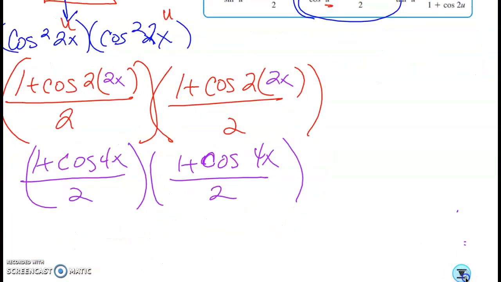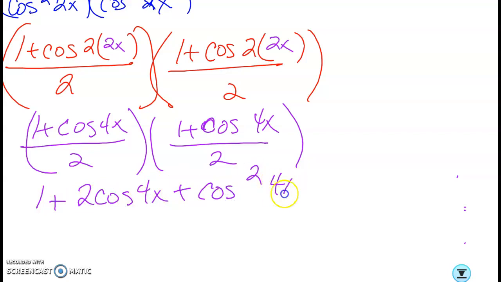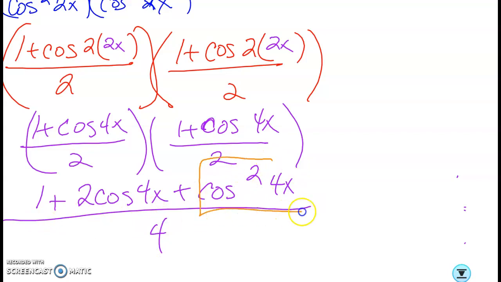Okay, we're multiplying fractions. So if we multiply, we get 1 plus 2 cosine of 4x plus cosine squared of 4x, all divided by 4. This would be so good. We would be done if it wasn't for this guy right here. He messed us up because we got a square back into the problem.